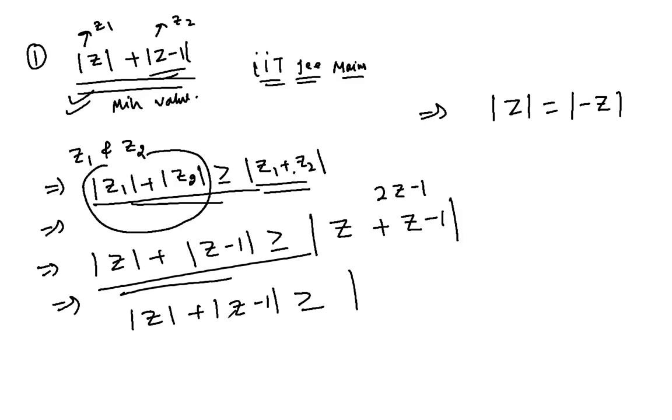We can write it like modulus z plus modulus of 1 minus z, which will be equal to or greater than the modulus of minus z plus 1 minus z. Clear? Now if the complex number z is represented by the same symbol, then it means they are equal, and if they have opposite sign, then they will cancel out.